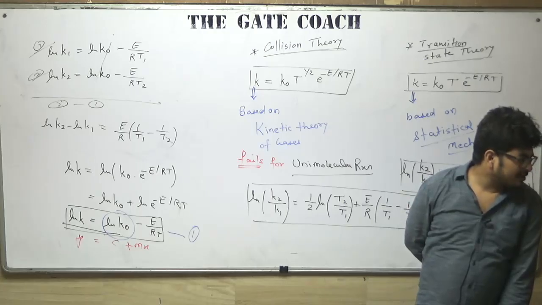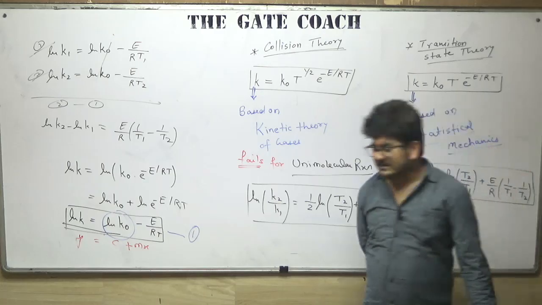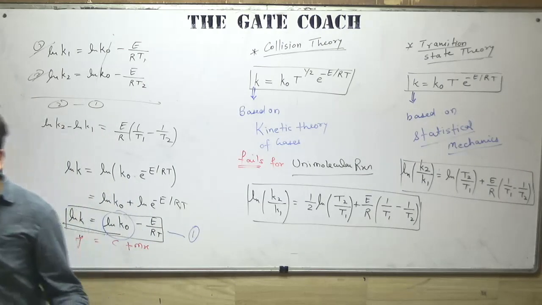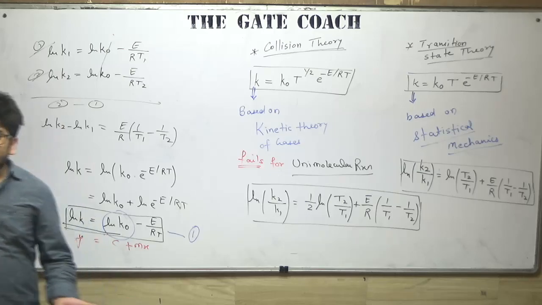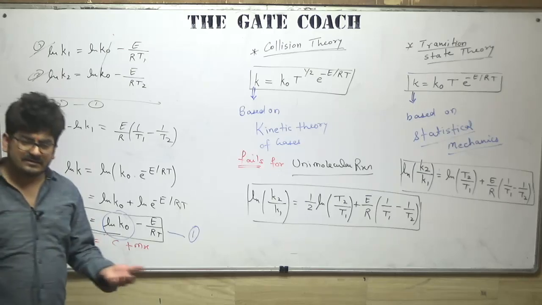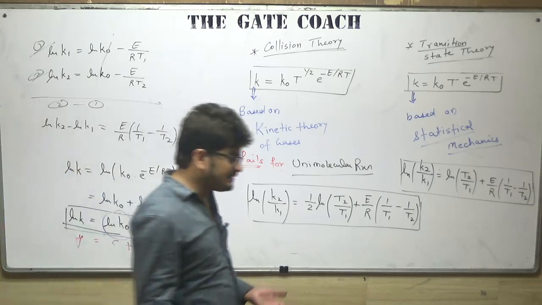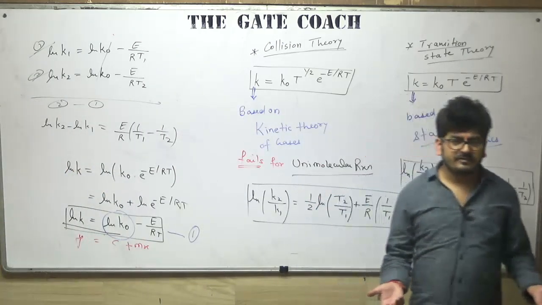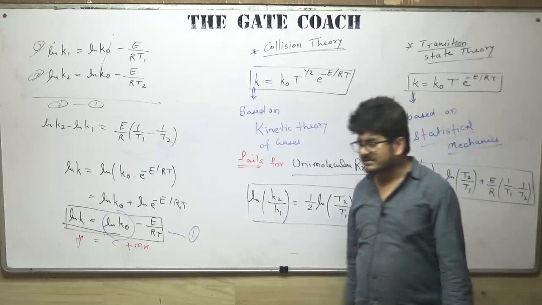Sir, is there any drawback of transition state or collision theory? Yes. Every theory has certain drawbacks because all of the theories are based on ideal situations, ideal systems. But when we talk about real systems, obviously we have to neglect certain assumptions.